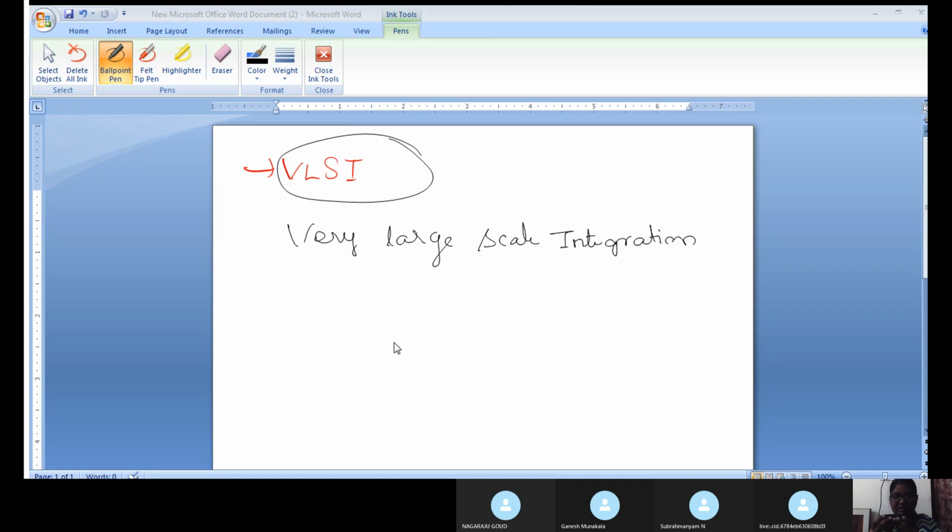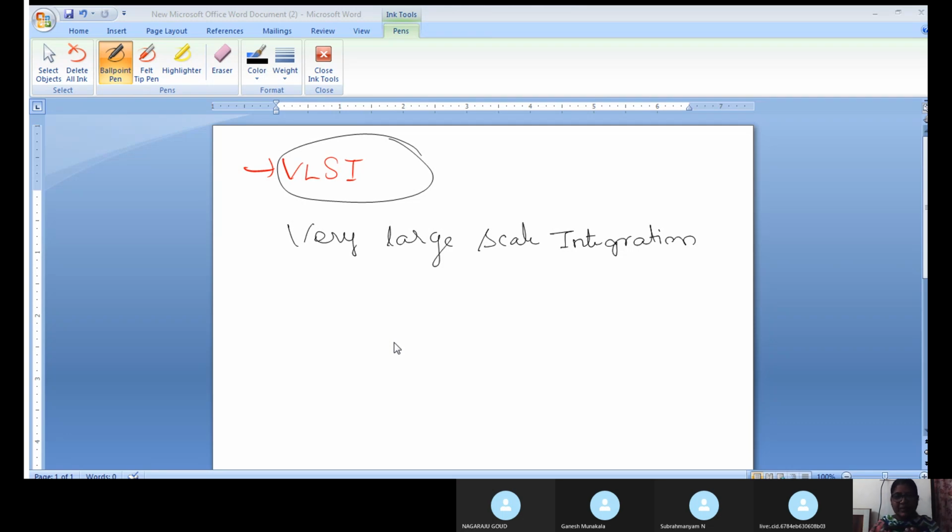This is our platform, the chip. On this platform, we are integrating the passive and active components: resistors, capacitors, diodes, transistors. Among these you can divide active and passive components. All the components we are integrating on the same single platform.